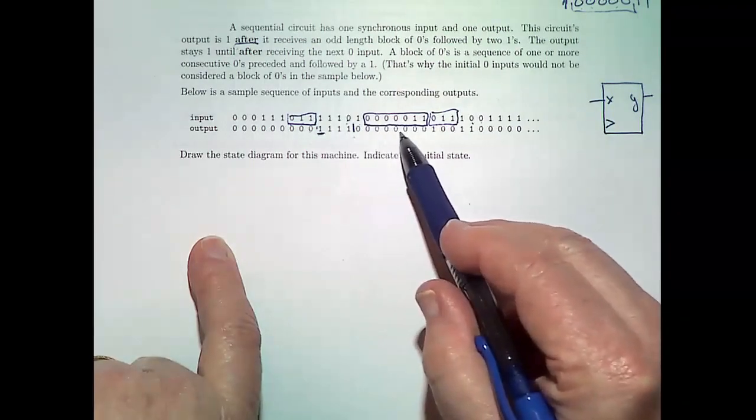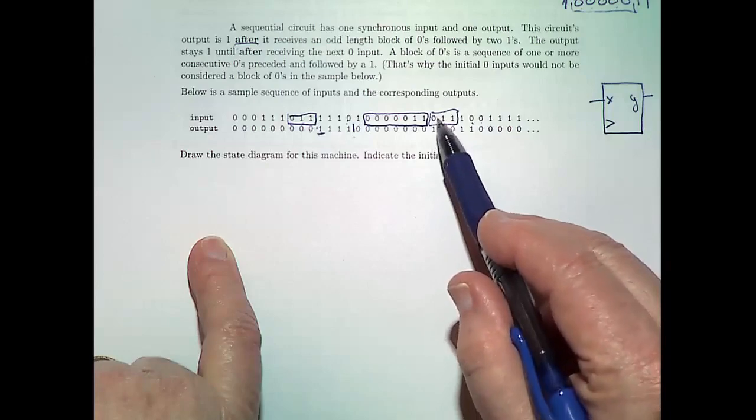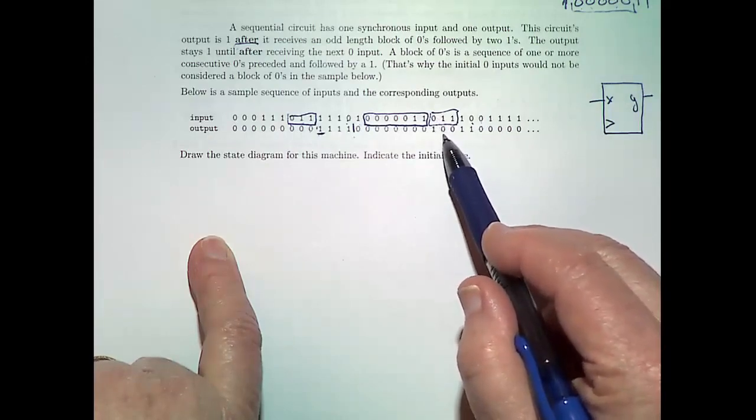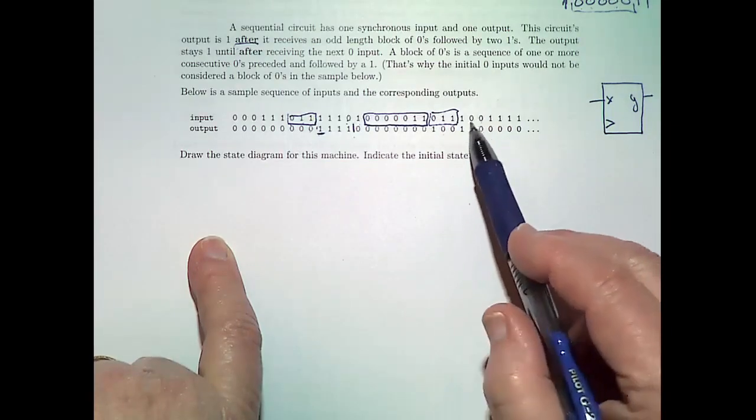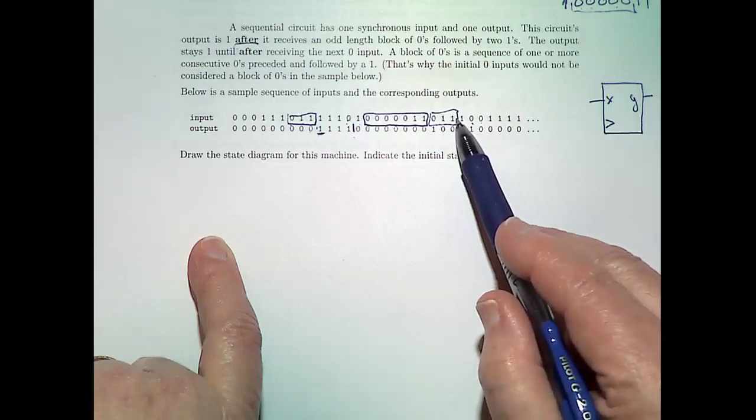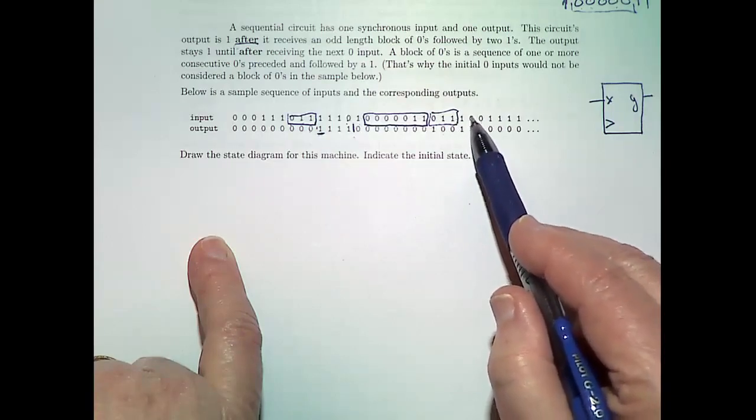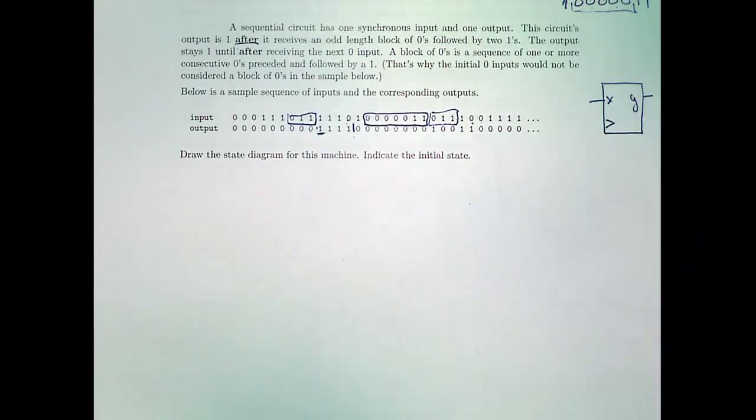The next one occurred here. We go high, but this one was 0 immediately, so we went back to 0. And then here's another one. We went high, and then we have a 0, so we went back to 0. All right, so let's design a state machine that does this. What state should we start in? This is a hard question.